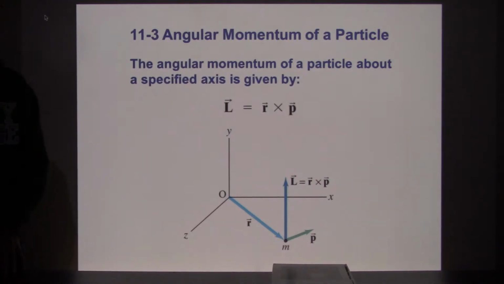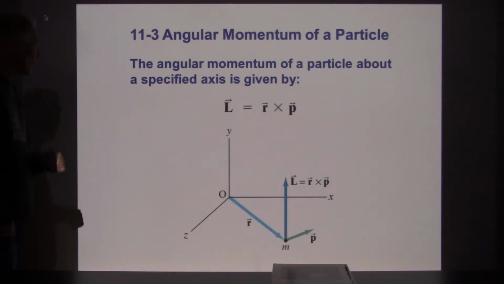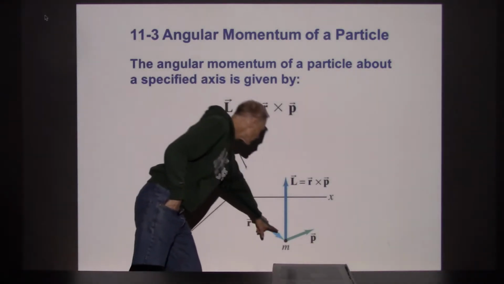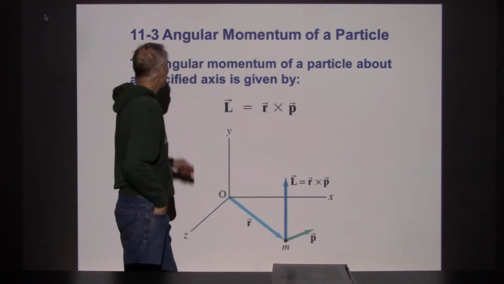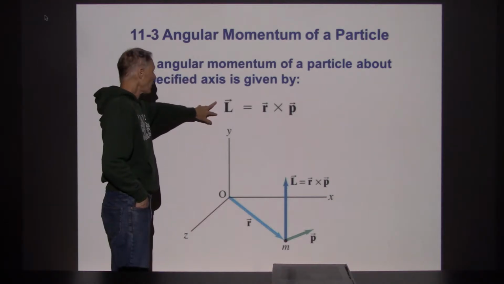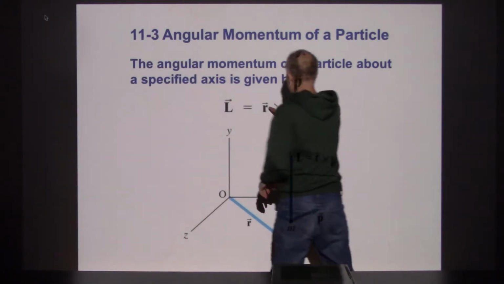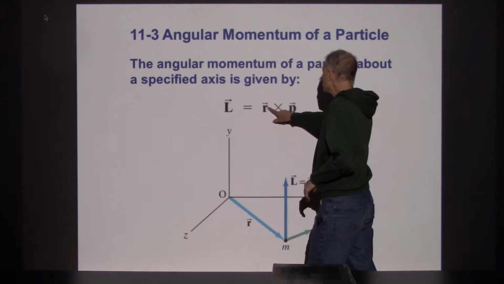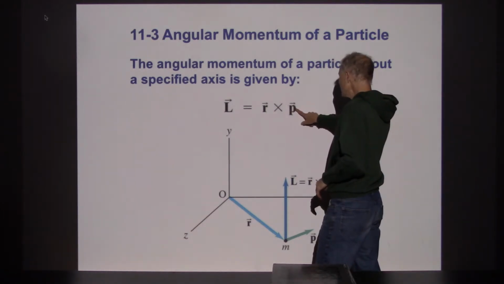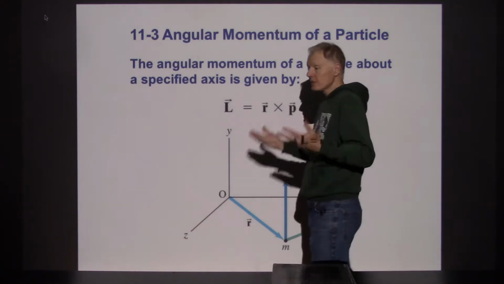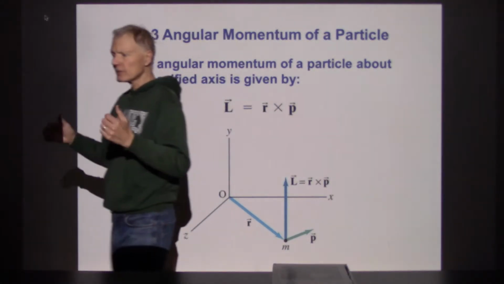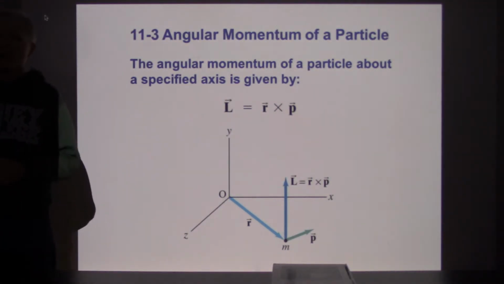Now, the angular momentum of a particle, so they've got some kind of an object here and it's got mass. The angular momentum can also be written as a cross product. This can be written as the lever distance cross the linear momentum. We said there's a relationship between linear momentum and angular momentum, and that's it.